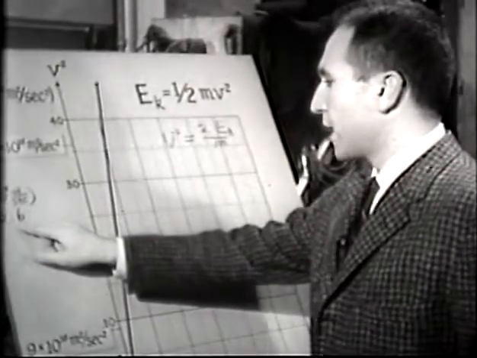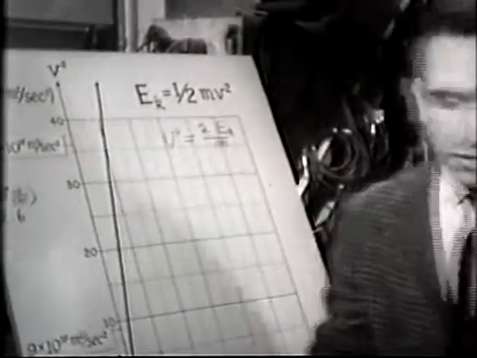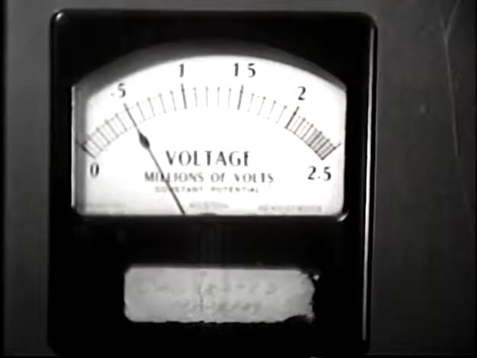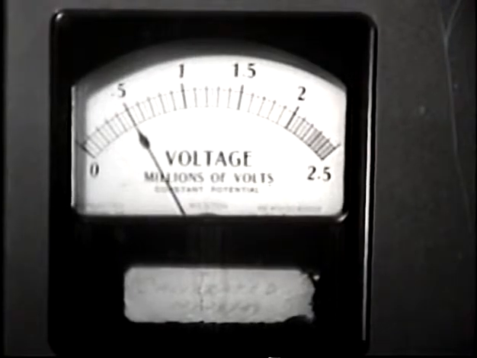This is the speed of the electron burst when the voltage across the Van de Graaff reads 0.5 million volts. Therefore, we can say that the kinetic energy of each electron is 0.5 million electron volts.